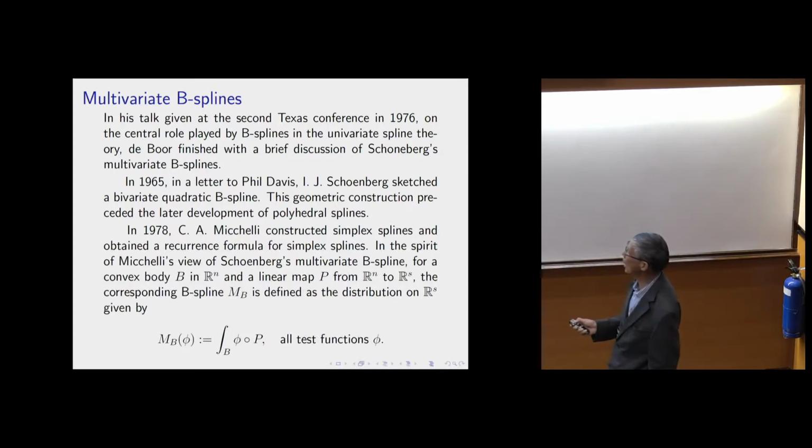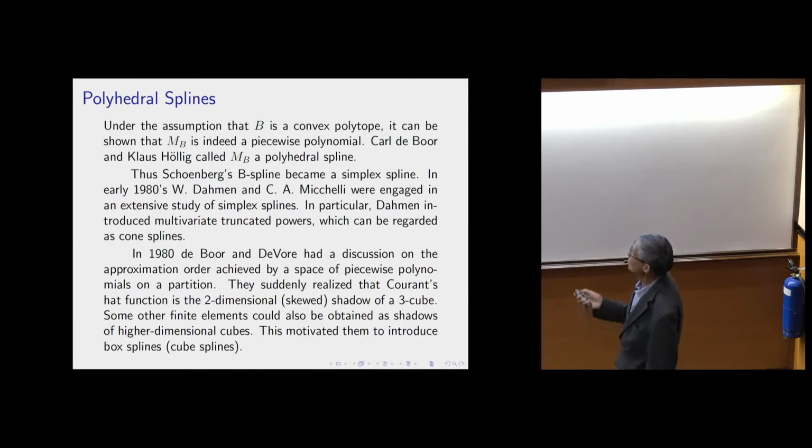When N_B is applied to a test function phi, this is the integral over B of phi composed with P, for all test functions. Then we have polyhedral splines.